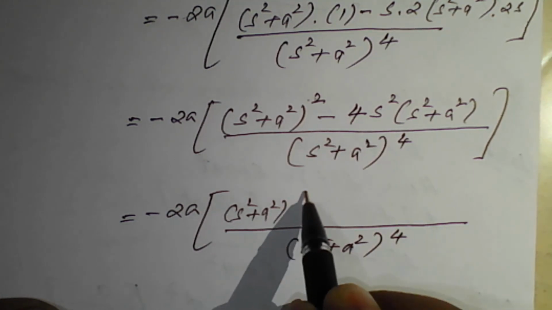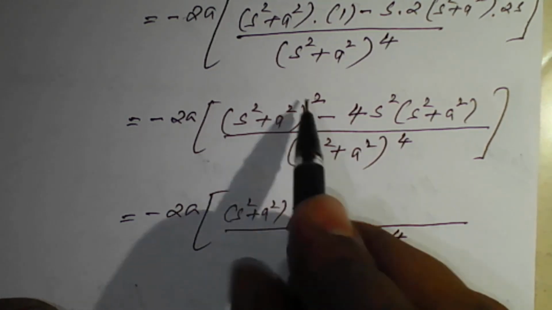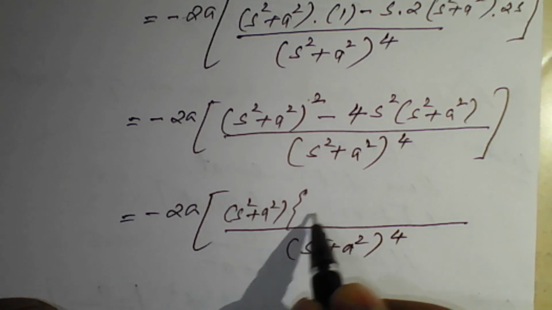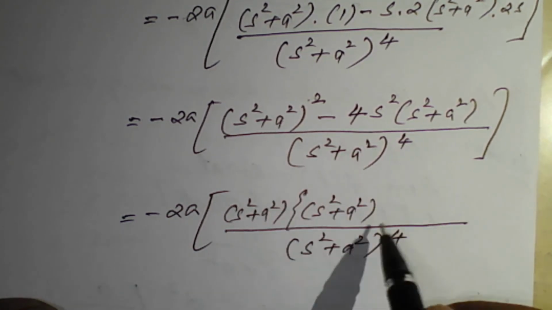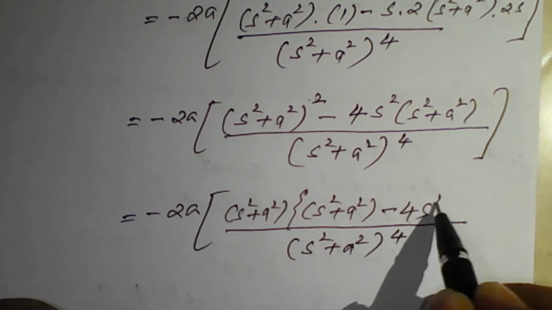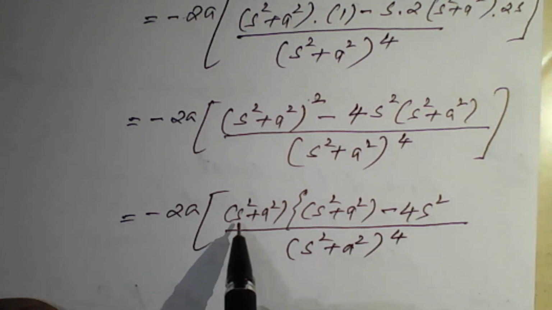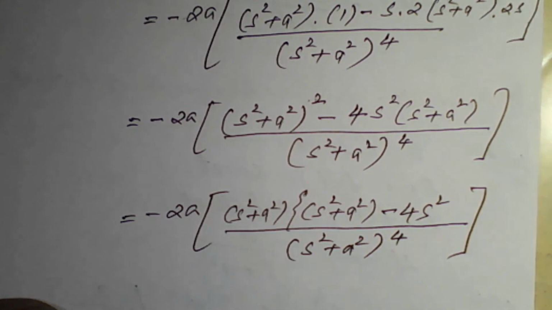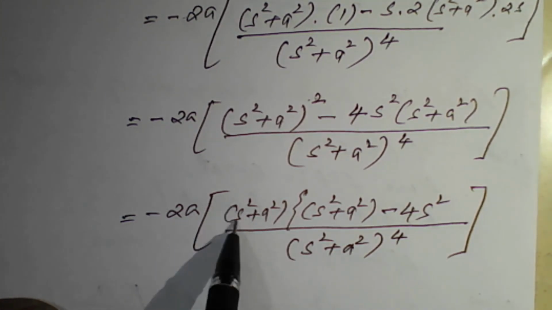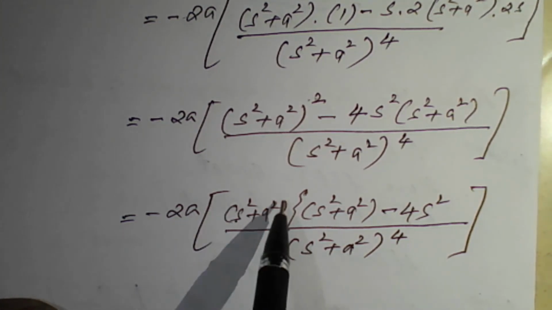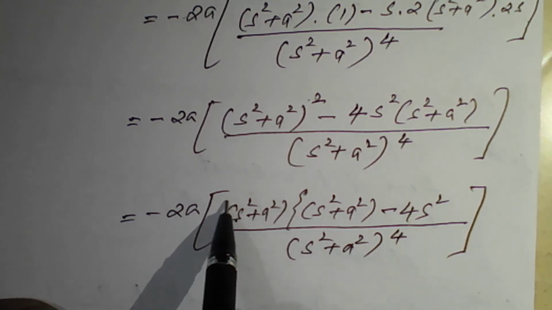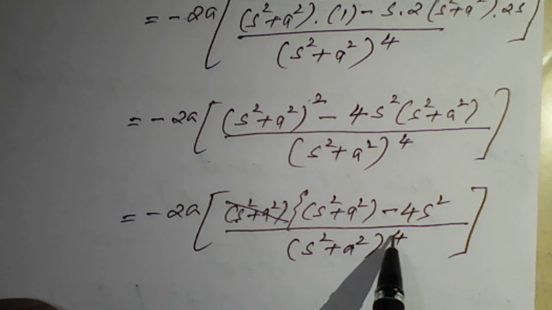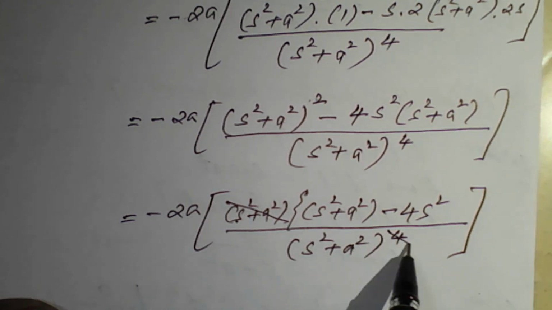If I take, so what is left inside here, so I have taken 1 time outside, so 1 time is left, s square plus a square is left, minus 4 s square, because this I have taken common outside. So this s square plus a square, 1 raised to power 1, s square plus a square raised to power 4, it will cancel with this bracket, will cancel 1 time from this 1 time.